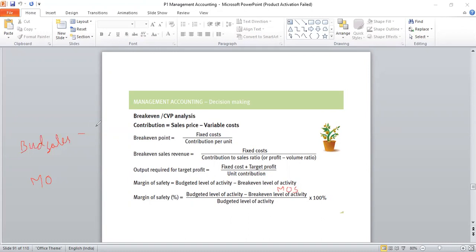Margin of safety into 100 by budgeted sales. That's the logic. Now, after doing this calculation, the value in the present question is given as 21 point some percentage.